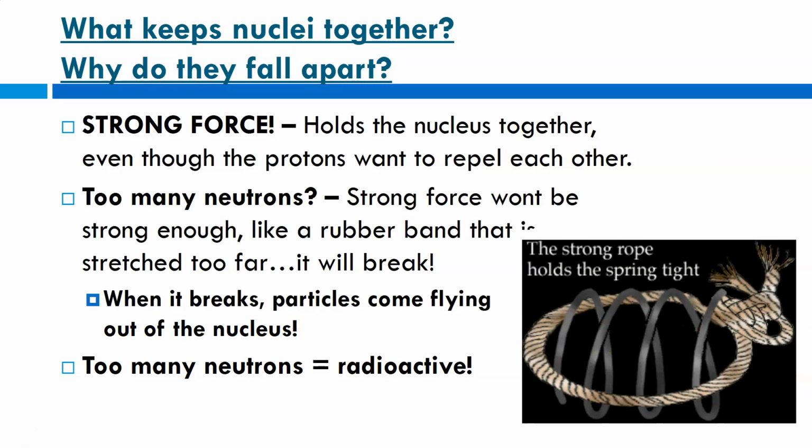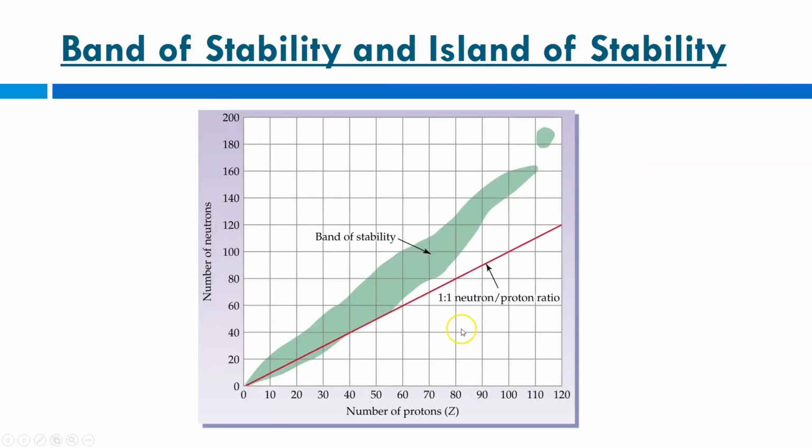We can graph the stability of our elements, and we find an interesting little pattern when we look at it on a graph. This green area is called the band of stability. The elements with these ratios of protons to neutrons inside this green band tend to be more stable.